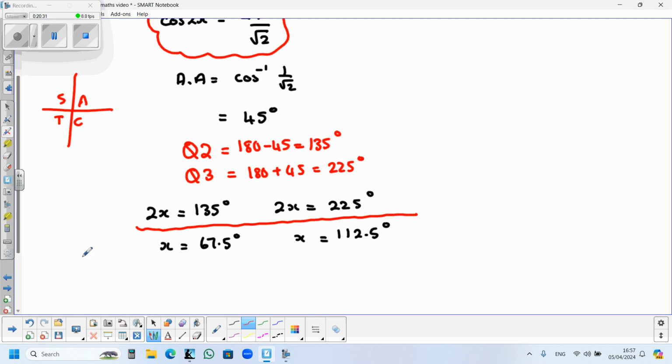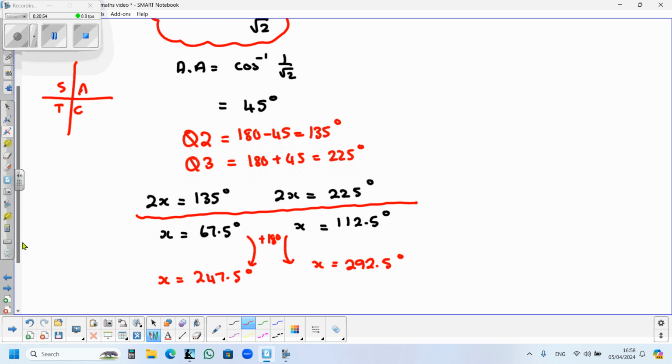So once we've got to x, we know we've got to add on this 180, because that was the period of the graph. So x value, 180 onto that, is going to be 247.5 degrees. 180 onto that would give me 292.5 degrees.